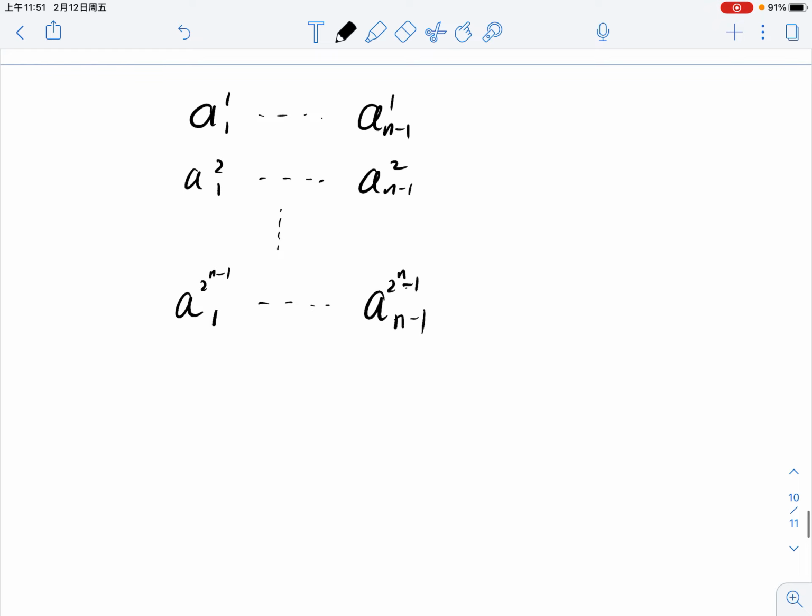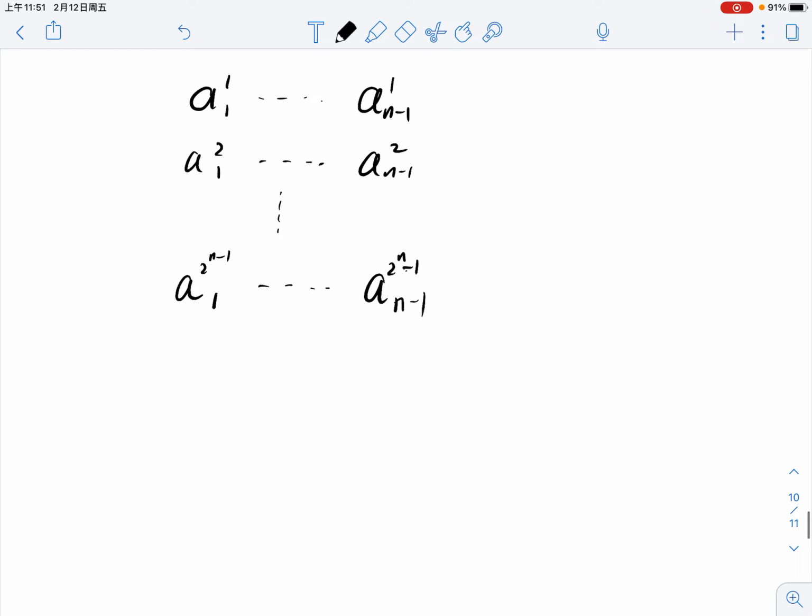Okay, so why do we call it reflecting? Because when we construct the order n, let's change the notation a little bit.